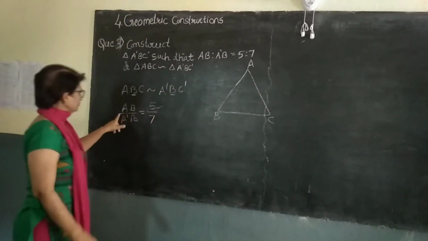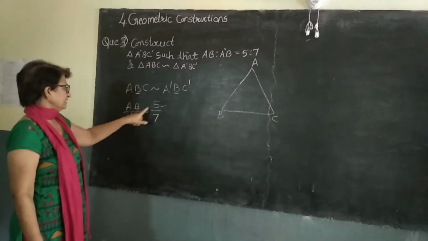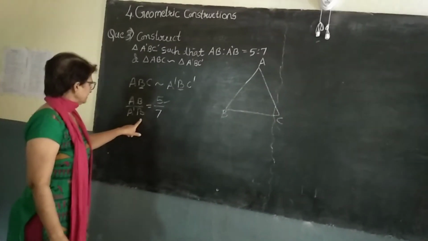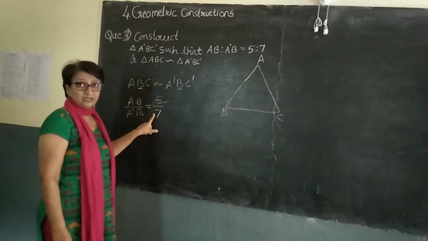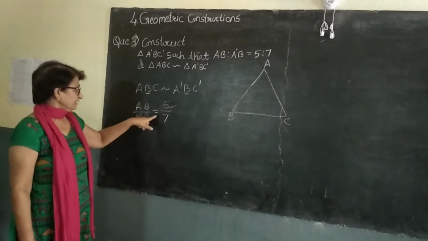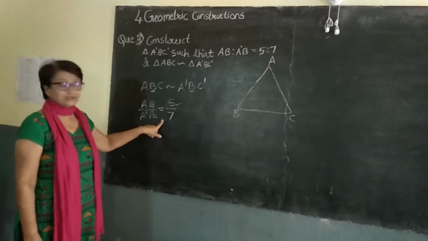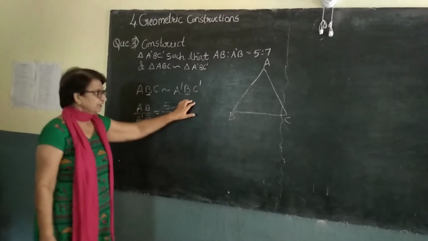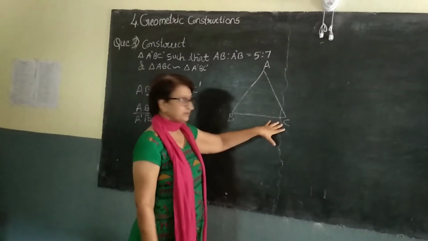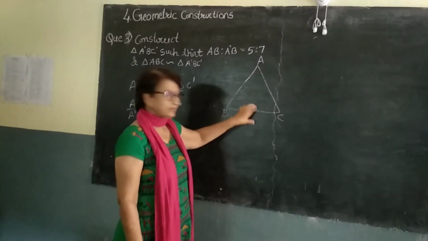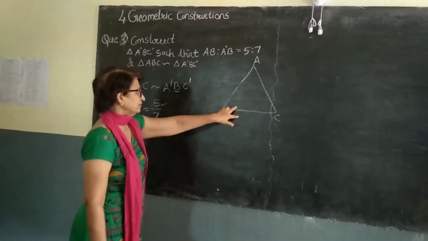Now what is the proportion? AB is 5 centimeter and A dash B is 7 centimeter. It means which one is greater? The constructed triangle, that is now A dash B C dash. This triangle is bigger. So this triangle is ABC, but the next triangle which I have to draw will be bigger than this.